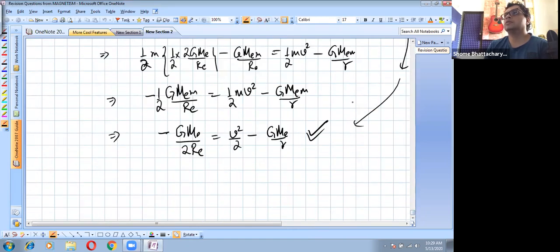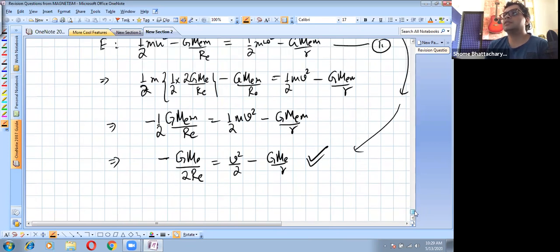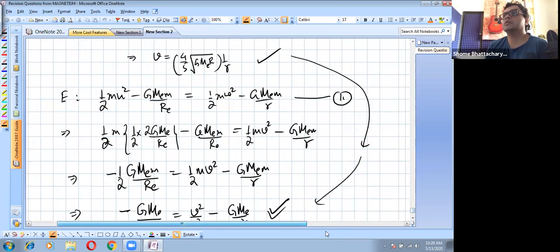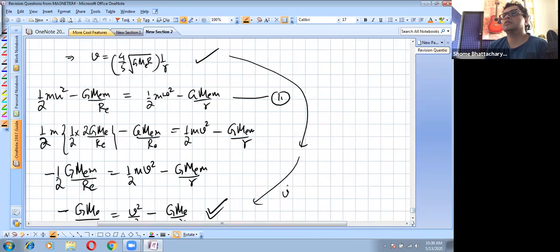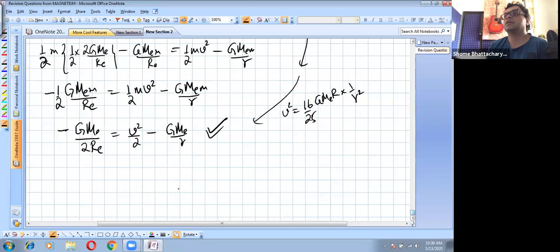Right. So we were substituting the value of v square from here. So do that. So v square is 16 by 25 times G M_E by R square. So do that substitution here. This term becomes 16 by 50.